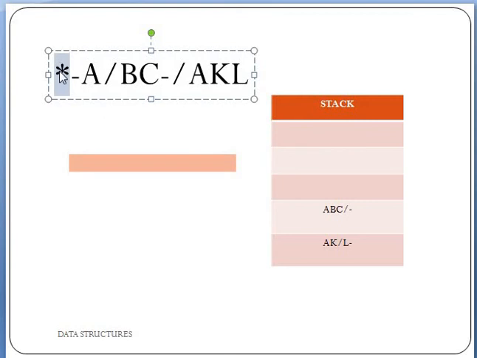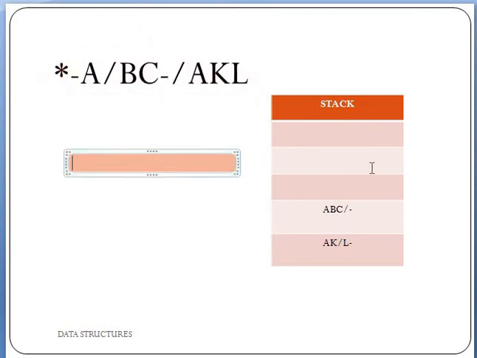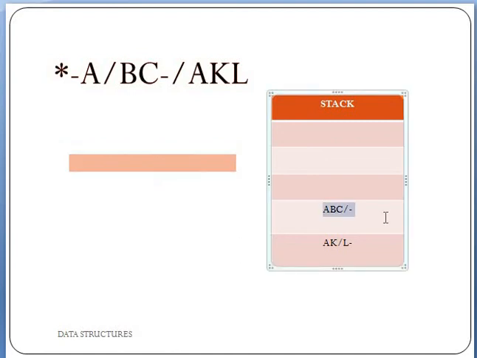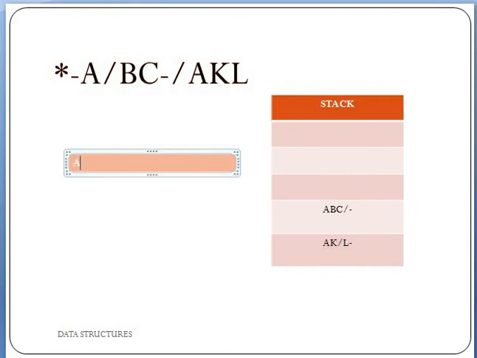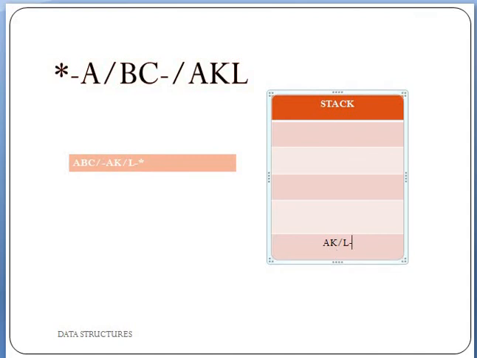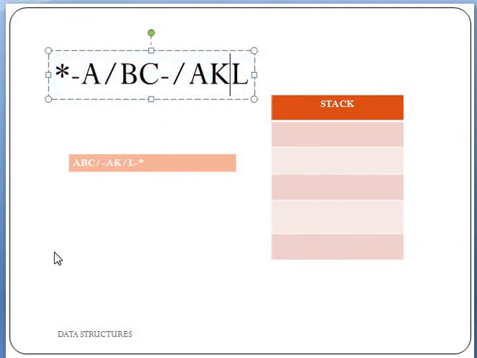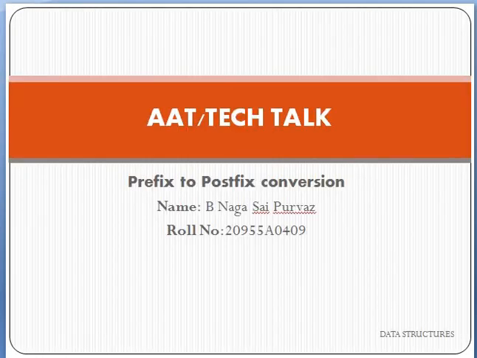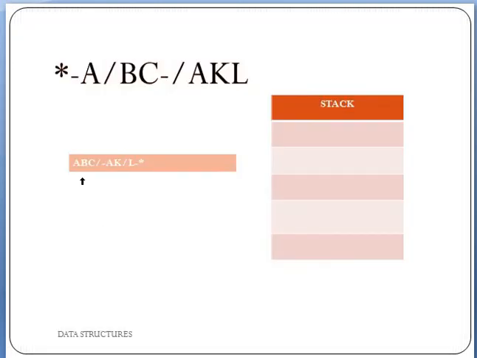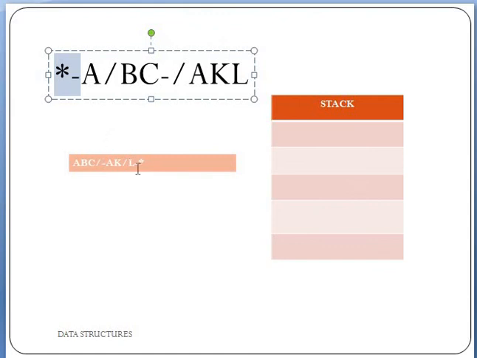Now we have a multiplication operator here. We pop out this item and this item too, which are A B C division minus and A K division L minus, and we concatenate them to the multiplication operator.